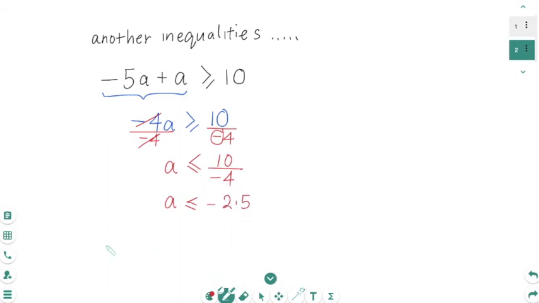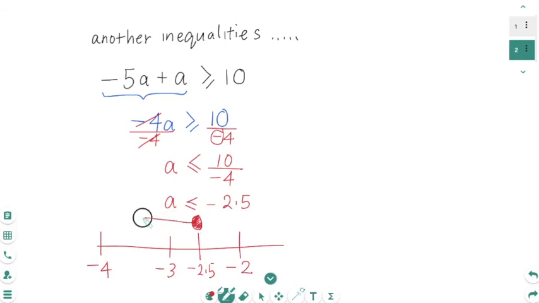On the number line, we're going to show -2, -3, -4. So -2.5 would be here, and since it's less than or equal to, I'm going to shade the dot. So a can be equal to and less than -2.5.